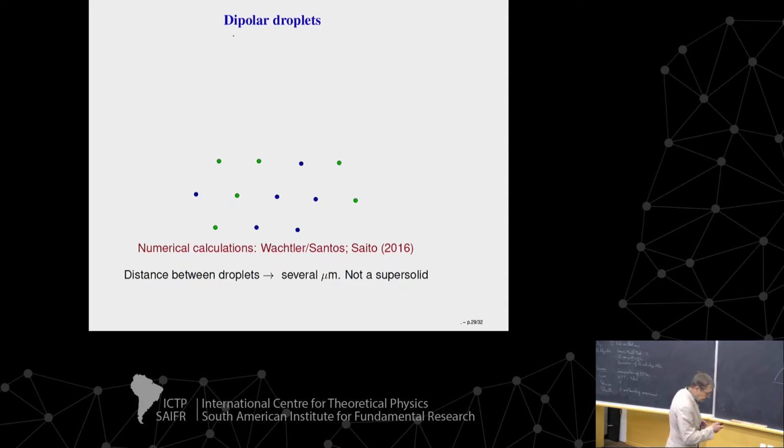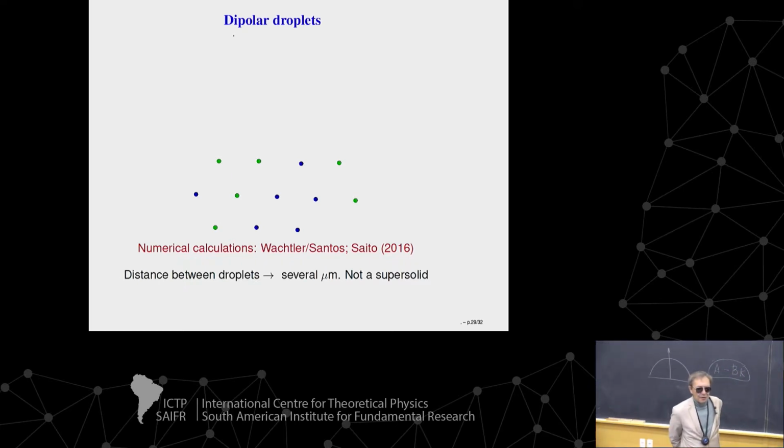These are just the droplets which I have here. And then what has been done by Luis Santos and his group, they did calculations including the trapping geometry and so on, and they confirmed the idea that these droplets are stable.